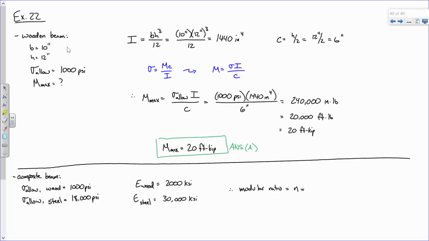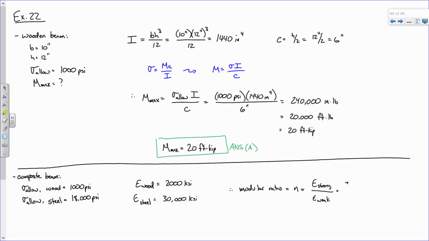So I'll write that in general as E strong over E weak. Or another way you can think about it is just the larger E value divided by the smaller E value. And the reason for that is we want our N values to be larger than 1.